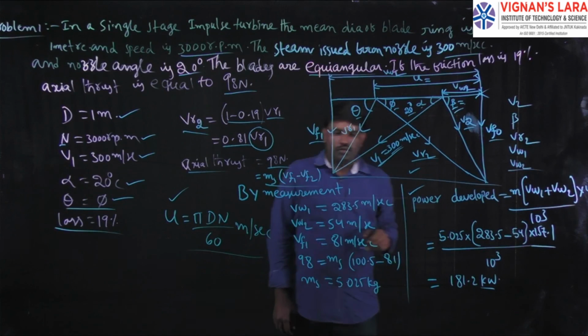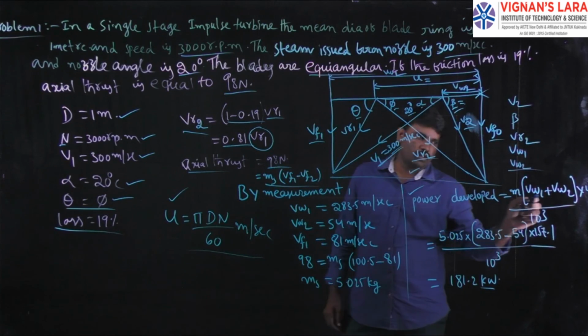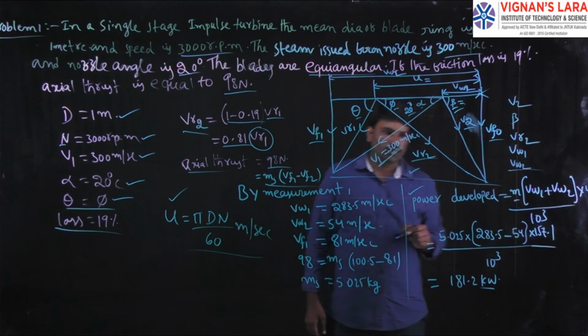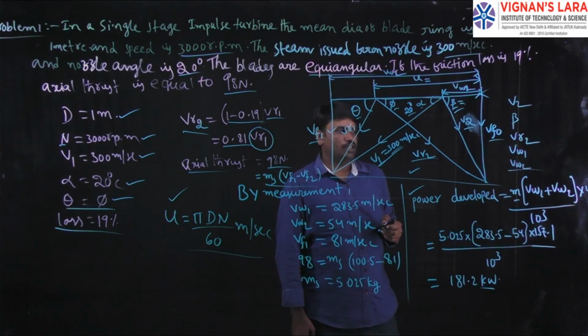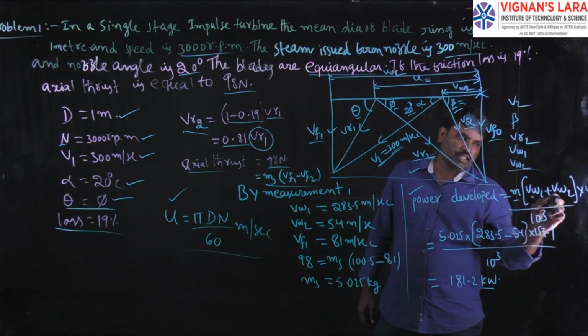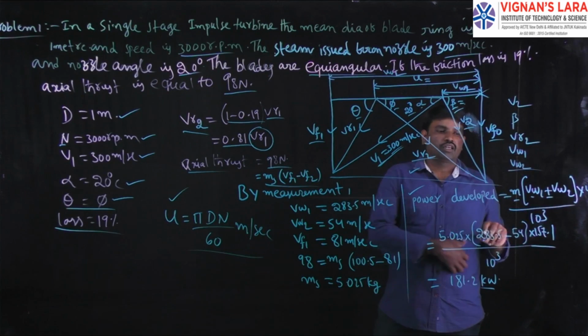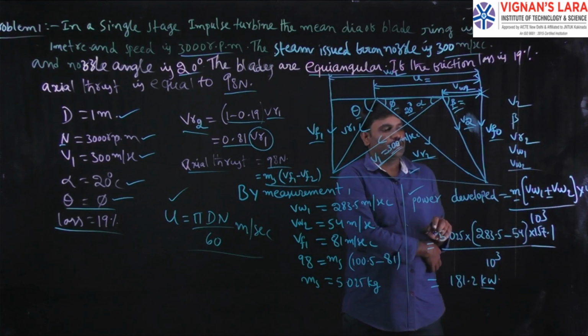In the present problem we have to find the power developed by the turbine. The formula for power developed by the turbine is mass flow rate into (Vw1 plus Vw2) into U. Here it is plus or minus, but always we are taking the plus of the magnitudes.